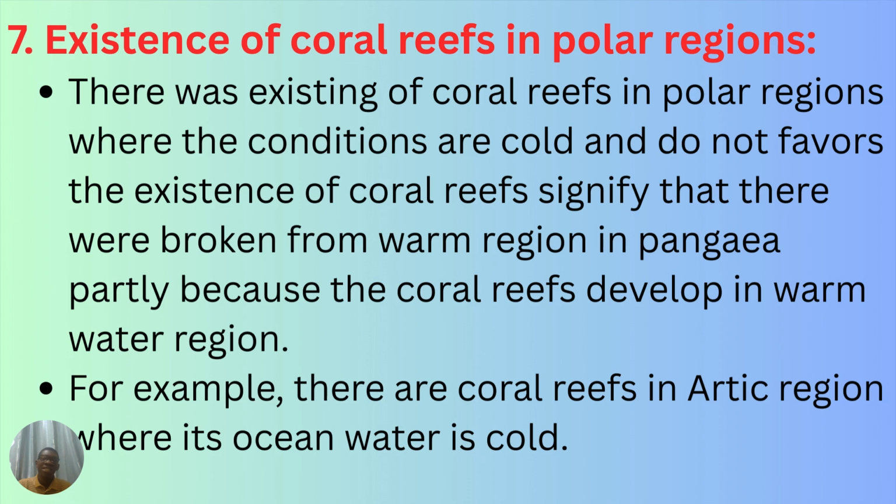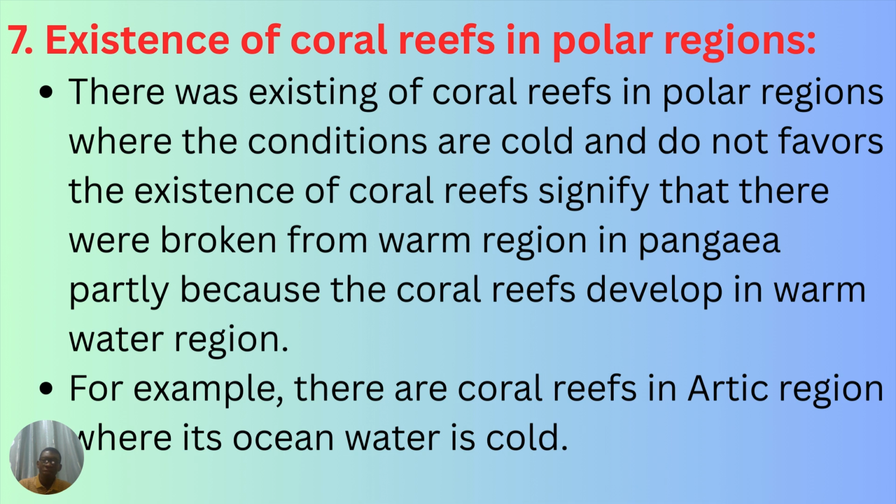One among the necessary conditions for the development of coral reefs is warm water, which ranges from 20 degrees Celsius up to 28 degrees Celsius, and also sunlight, which can penetrate to depths of about 50 meters, which is impossible for the Arctic region.